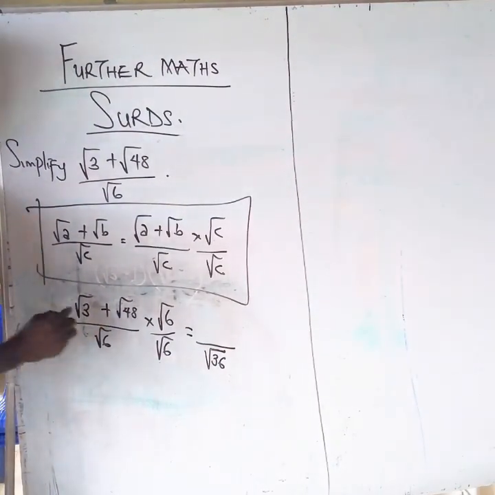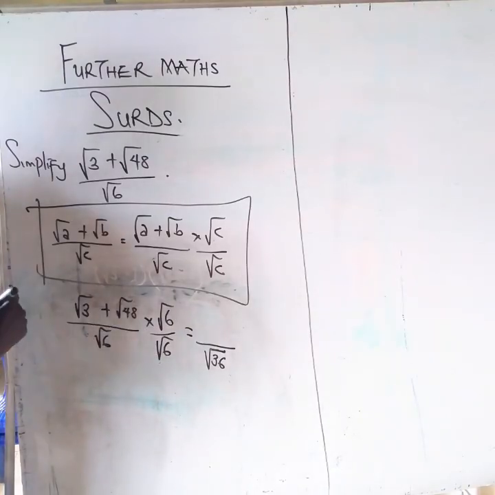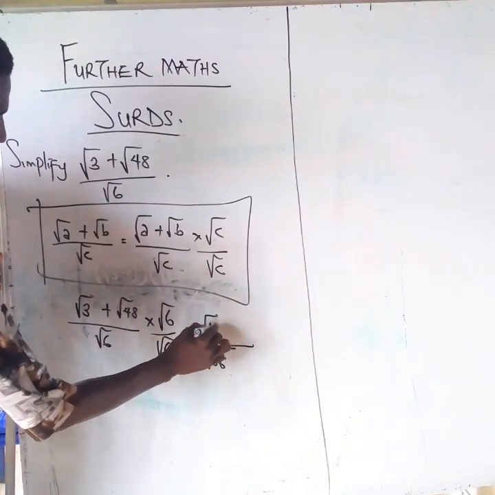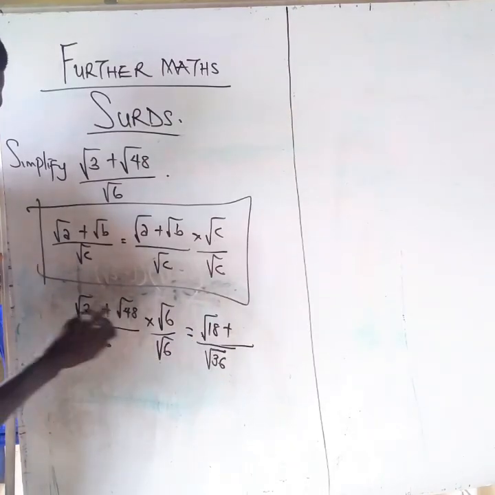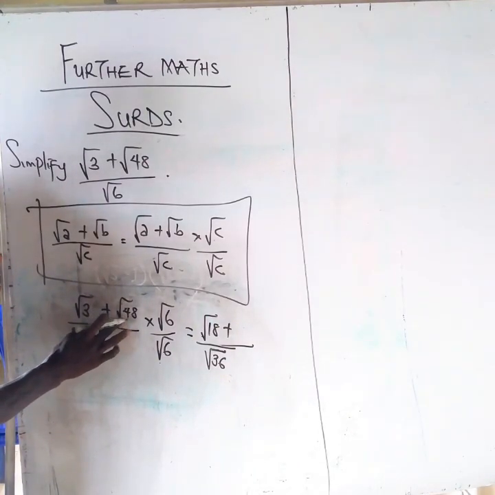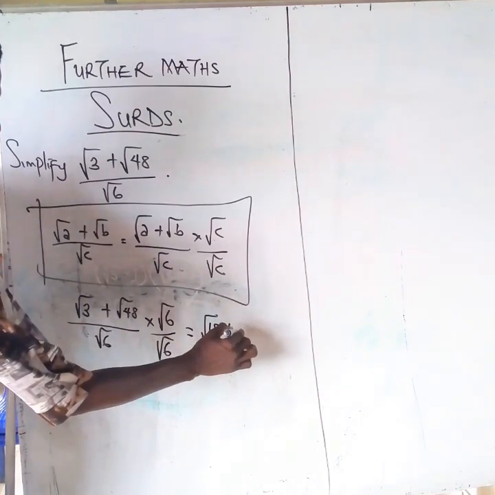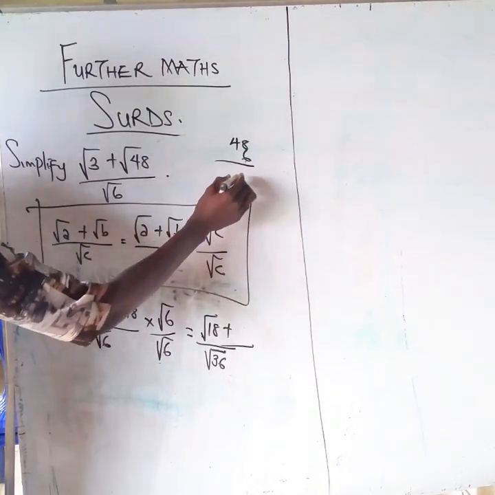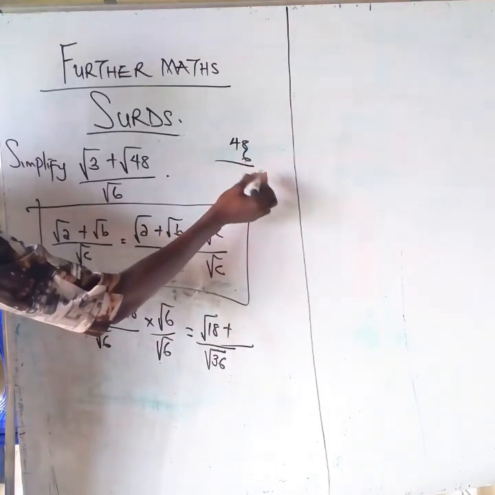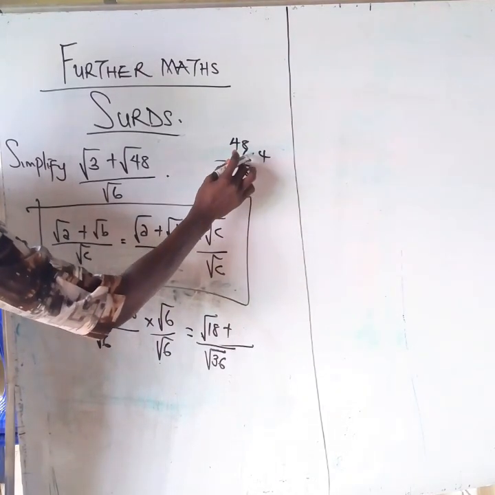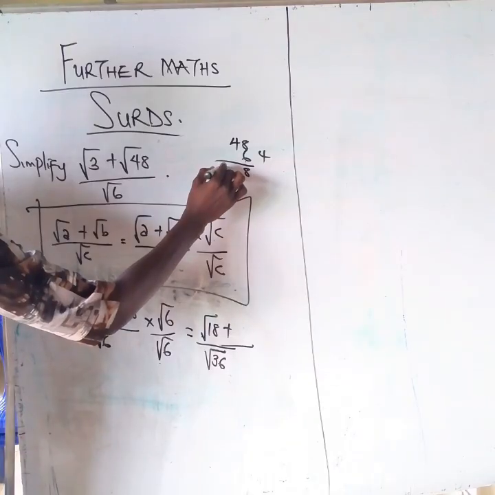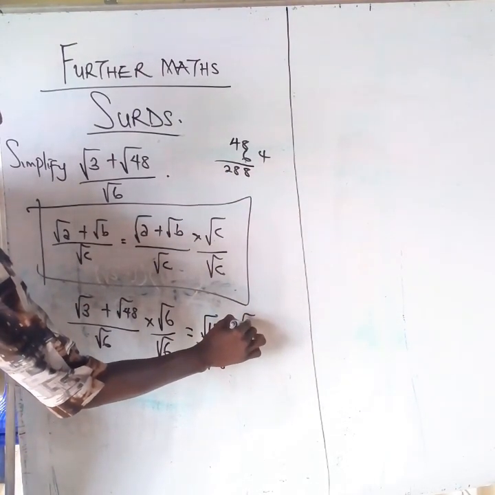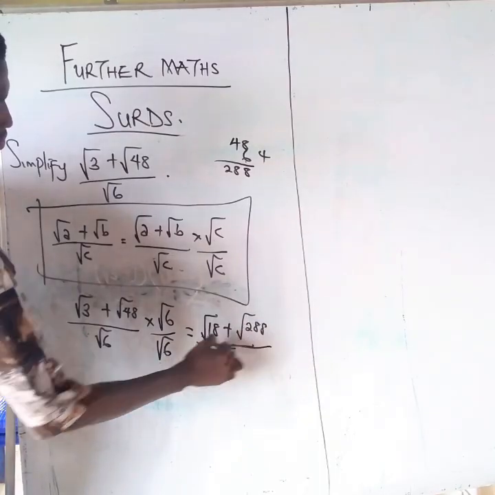Okay, so root 3 times root 6 gives you root 18 plus 48 times 6. 4 times 6 times 8 is 48. It's 48, you have 8 and carry 4. 6 times 4 is 24 plus 4, you have 28. So you have square root of 288.